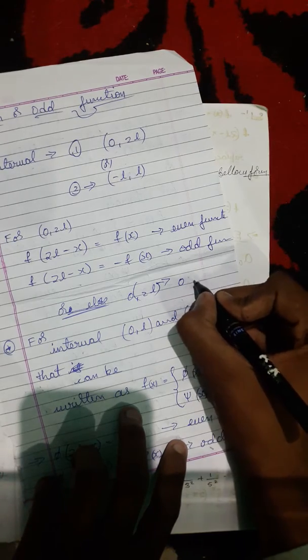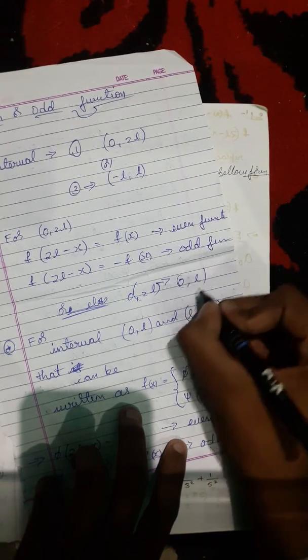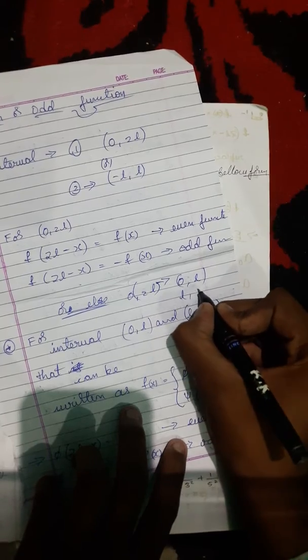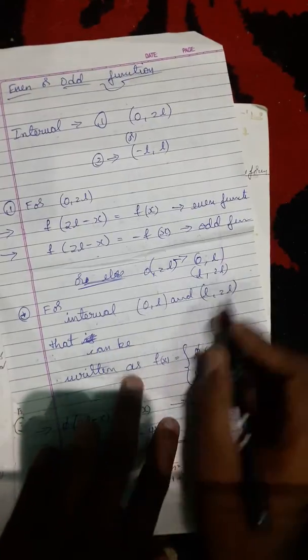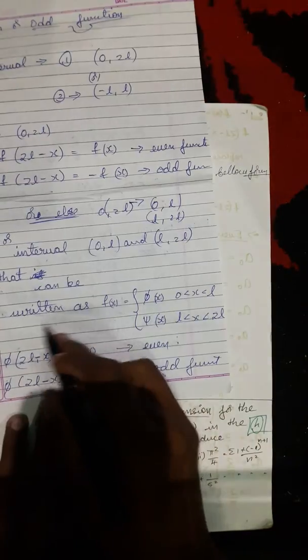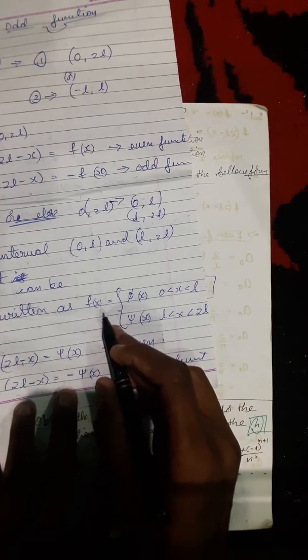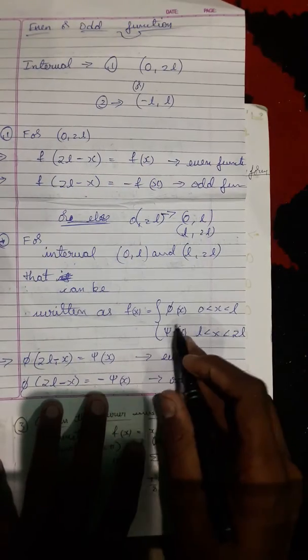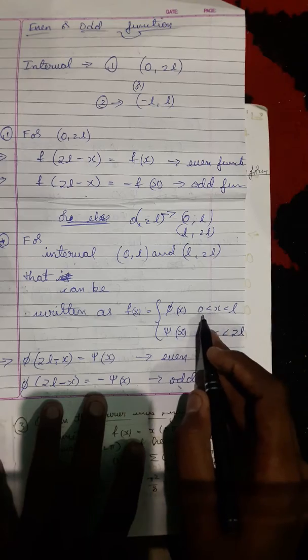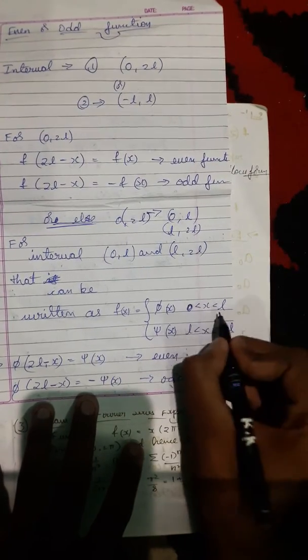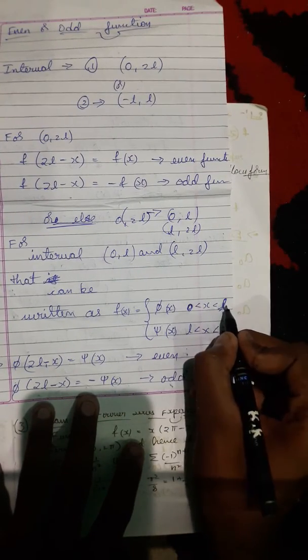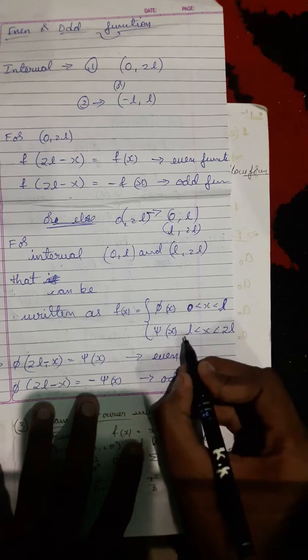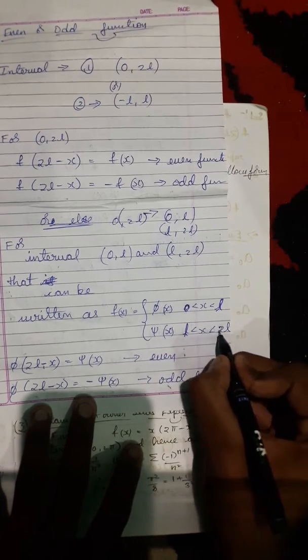Sometimes this 0 comma 2l may be split as 0 to L and L to 2L. That may be defined like this: f of x is defined as phi of x for x lying between 0 to L, and psi of x from L to 2L.